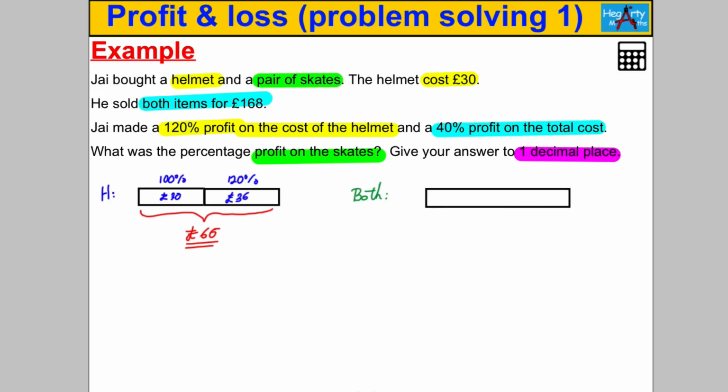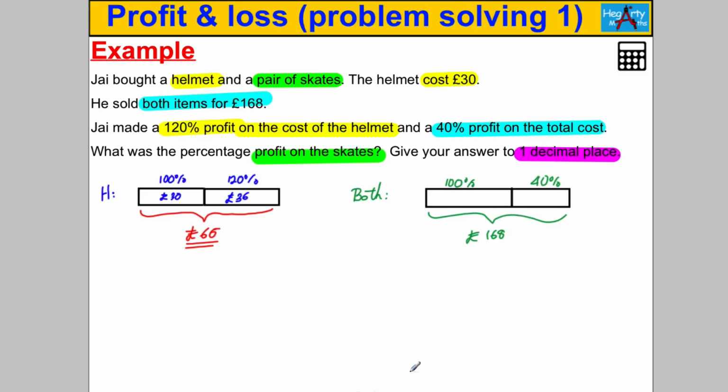We know he sold both of the things for £168. And we also know he made 40% profit on the total cost of both of the things. So let's imagine there was a line there, and we know that he made 40% profit on the original cost, which was 100% of both things.